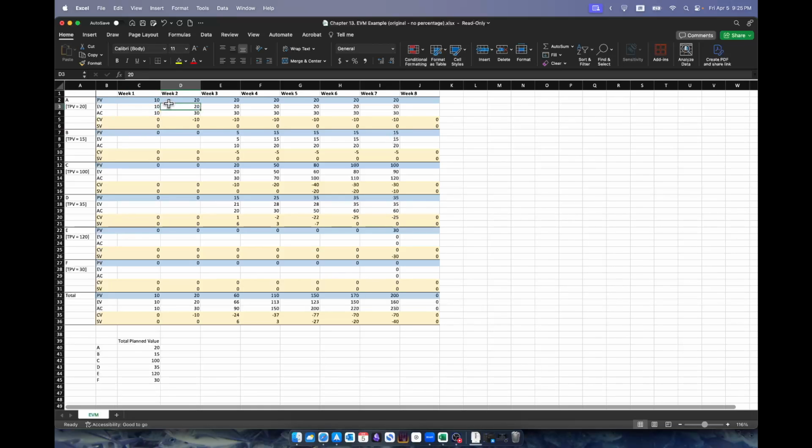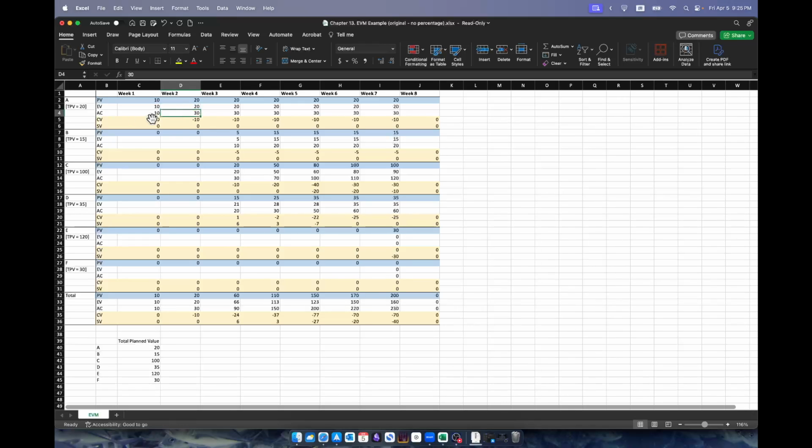So if you look at week 2, what happened to subtask A? It completed 100%, so planned value is 20. Earned value is also 20 because you completed 100%. So therefore, earned value can never exceed the total planned value.